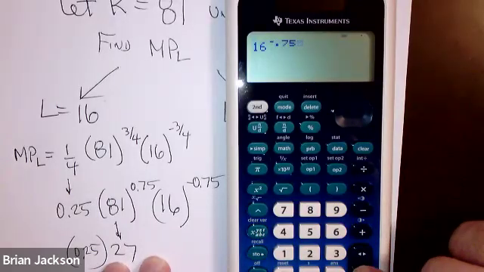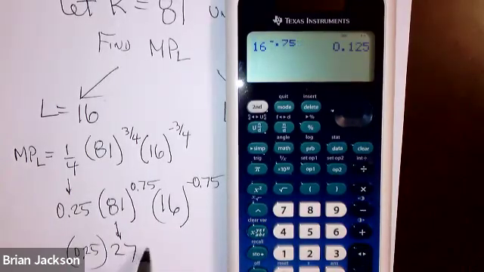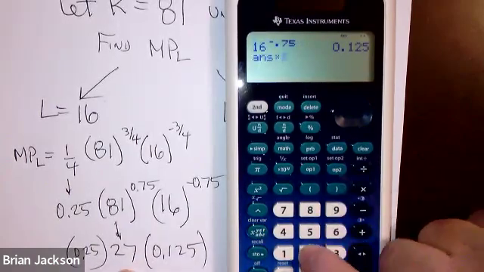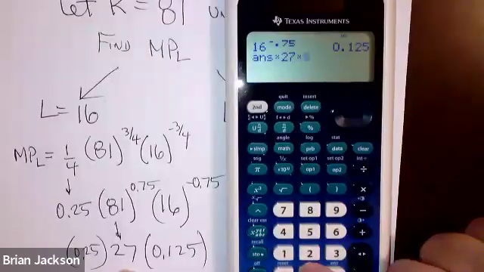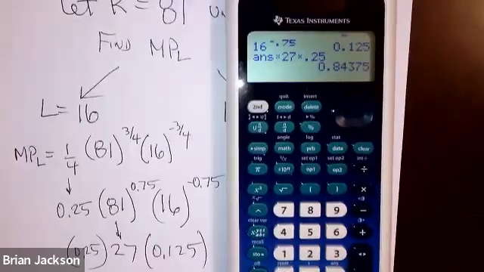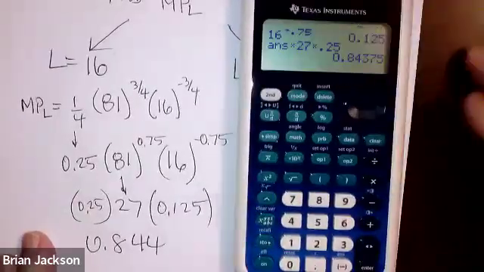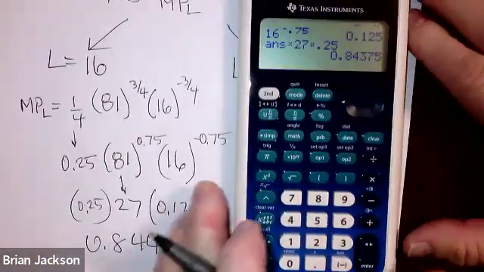Hope that makes sense. So this is 0.125. So I'm going to take 0.125, multiply by 27, and then multiply by 0.25. And I get 0.84, it rounds to 0.84. Okay, you see that?